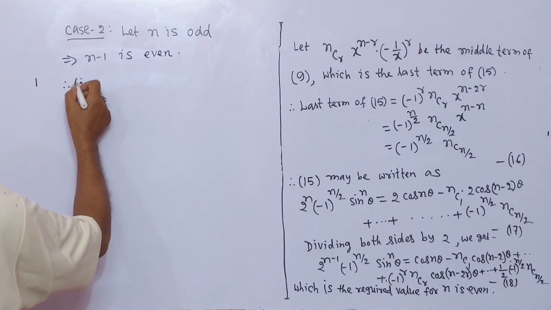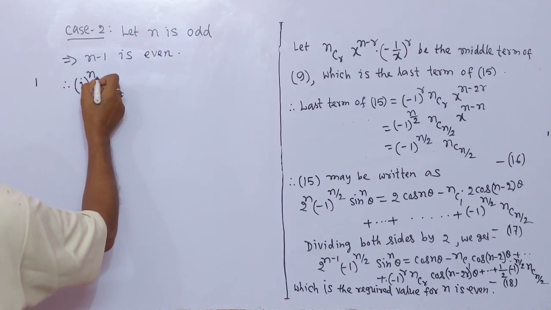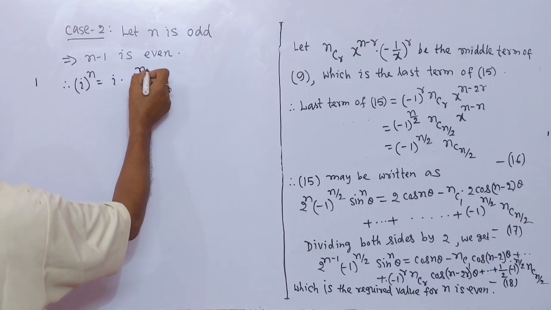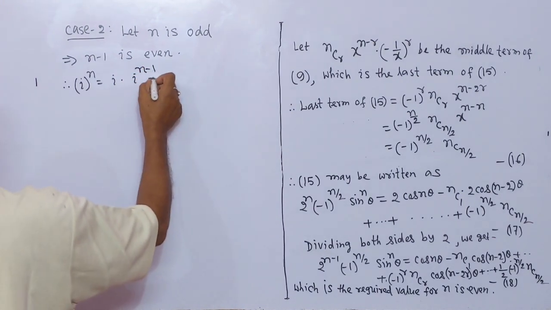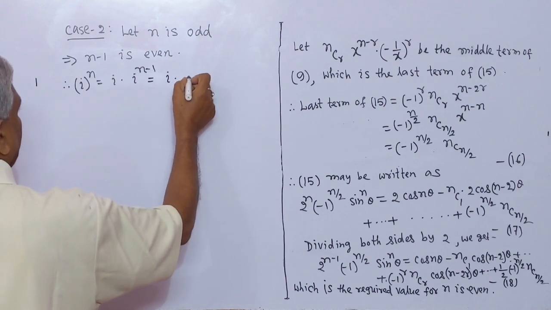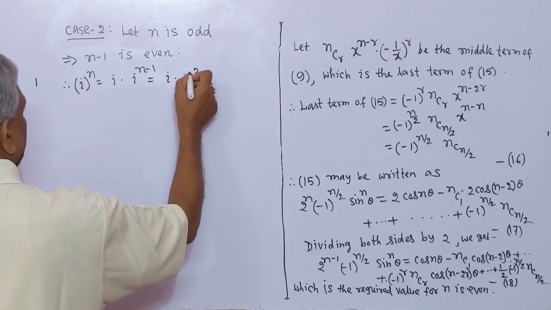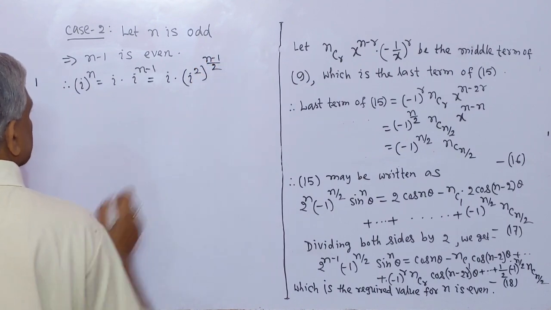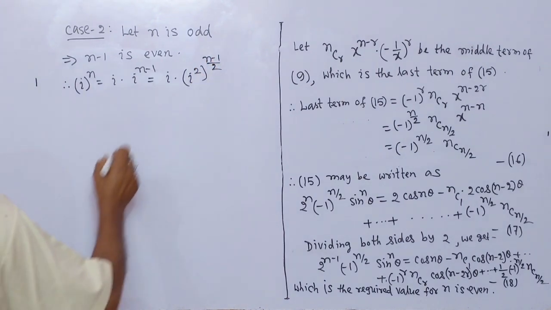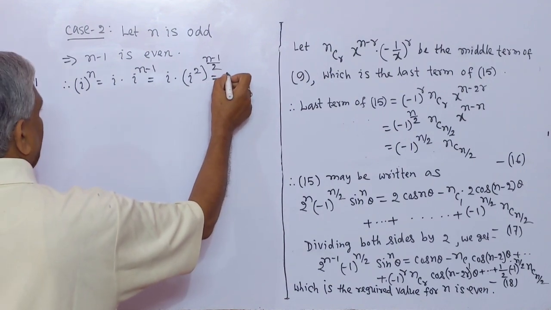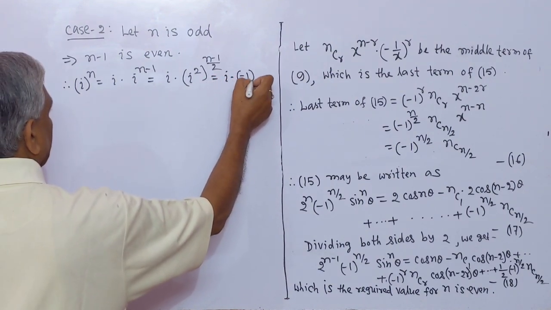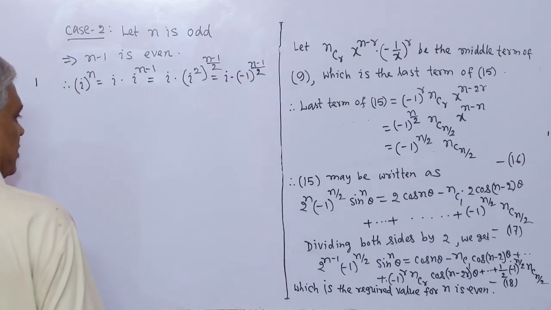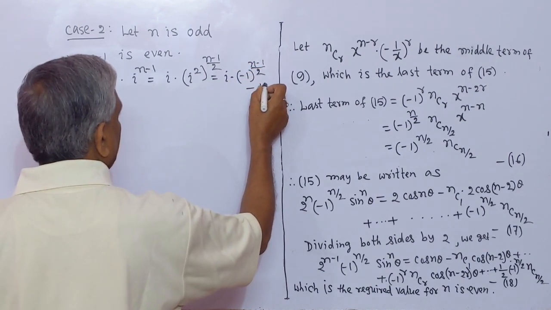Therefore, i to the power n equal to i multiplied by i to the power n minus 1, and this equals i multiplied by (i squared) to the power (n minus 1) by 2, and this is equal to i multiplied by (-1) to the power (n minus 1) by 2. This is 19.